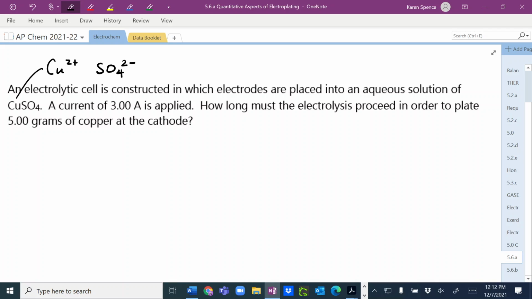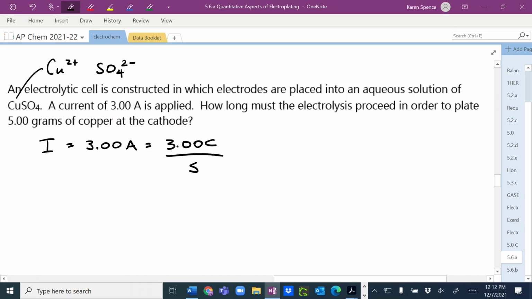Yes? A current of 3 amps is applied. What should I do with my current? I should convert it to coulombs per second. While I'm at it, what else should I write down? 96,485. I had to type that a lot this morning. Coulombs per what?